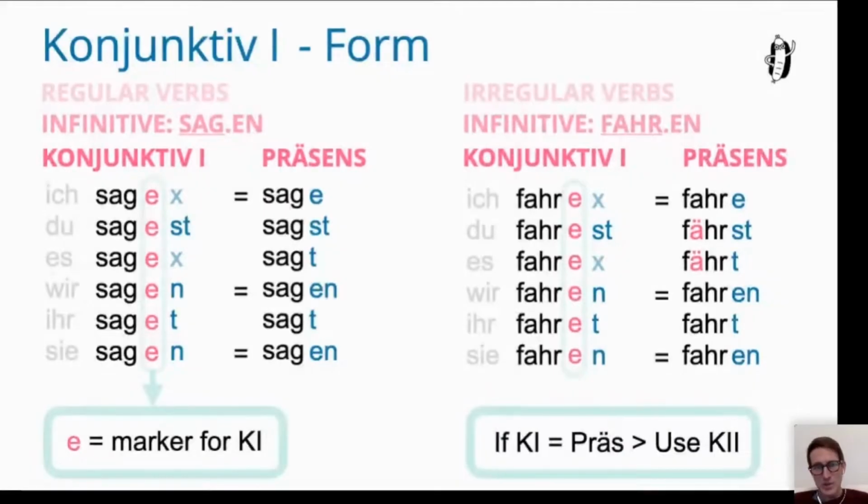You never use the ihr and you never use the du. So actually you don't use ich, du, wir, ihr, or sie plural. You only use the third person singular, er, es, sie.